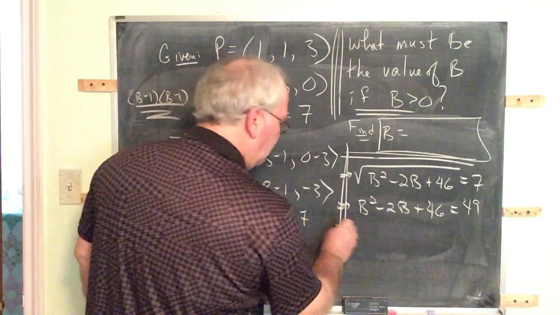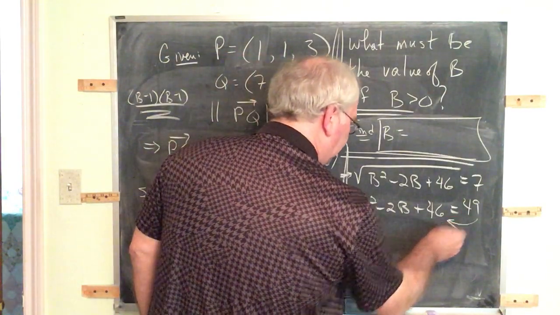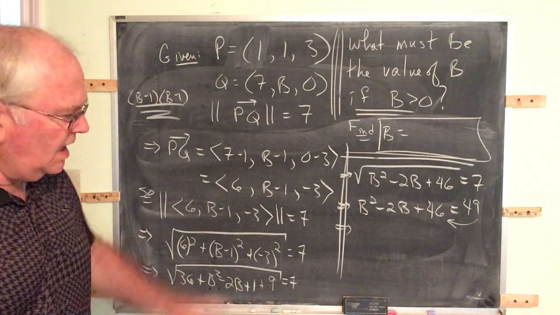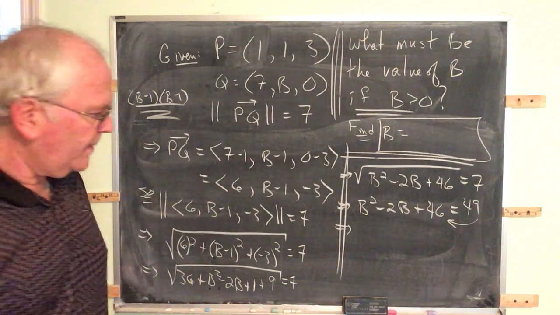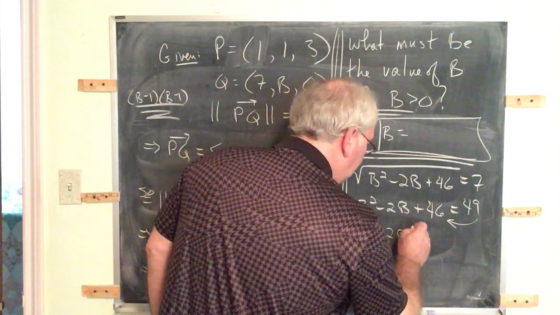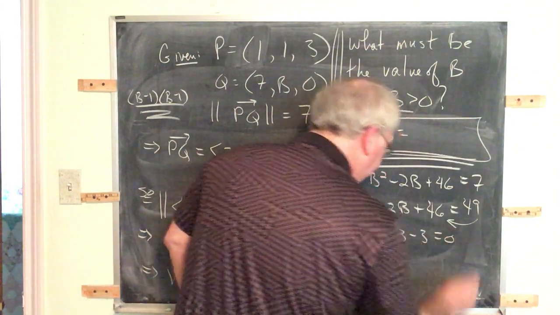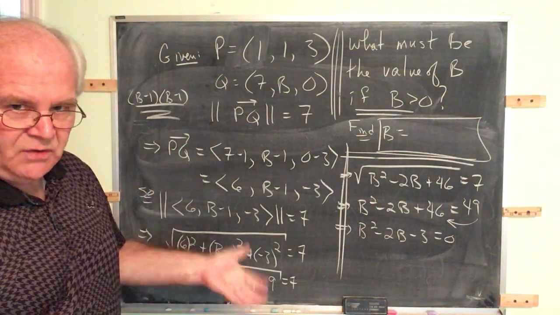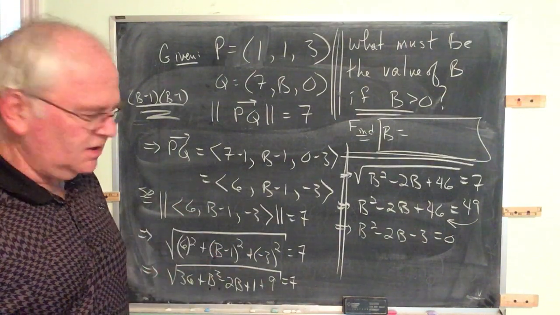And we almost have a quadratic equation here. We need to get it equal to 0 first. So subtract 49 from both sides of the equation, and then we are on our way home. Because this says b squared minus 2b minus 3 is equal to 0, and that is not particularly challenging to solve. You could use the quadratic formula if you feel like, but that's way more than you need.